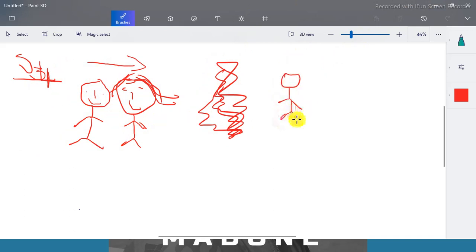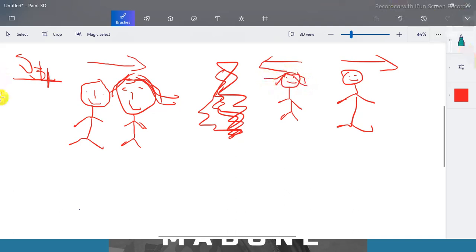They separate, and the boy's like, I'm taking my own route, and the female is like, I'm taking my own route. So let's say this is the man and this is the female. She's like, nah, man, we can't do this anymore. And now they take different routes.